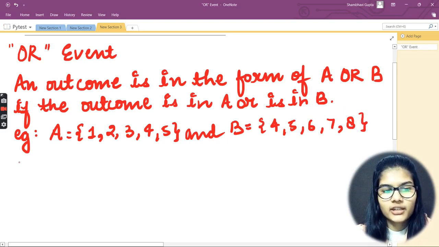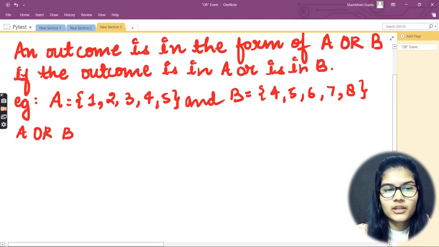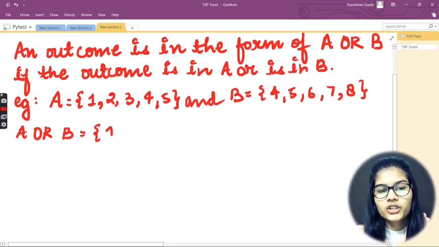Now if I have to write A or B, first of all listen to me very clearly, this is the denotation for how you write A or B. Whatever numbers you have in A and B, you will mention all of those. And if a number occurs in both A and B, you'll write that number only once.